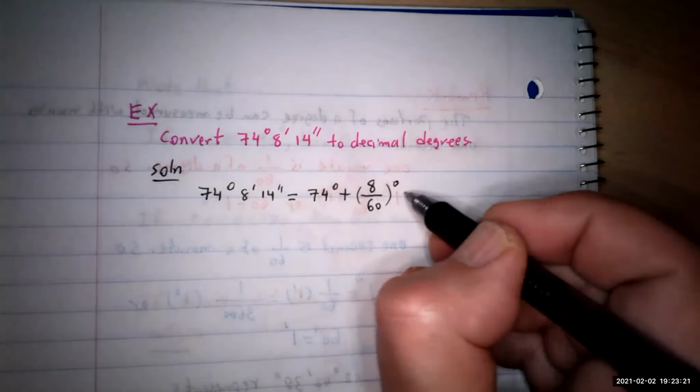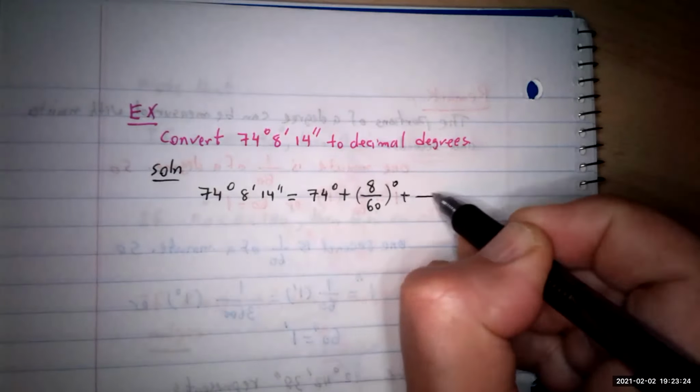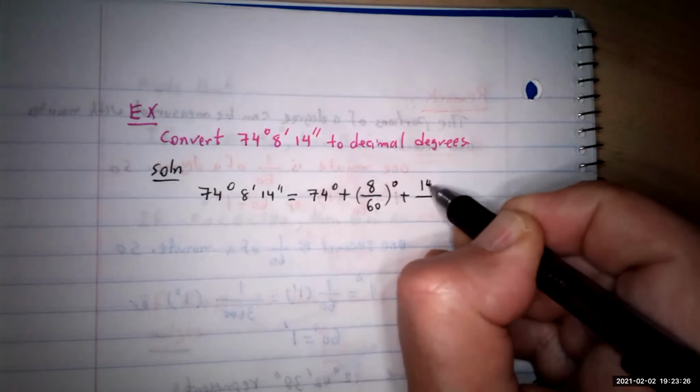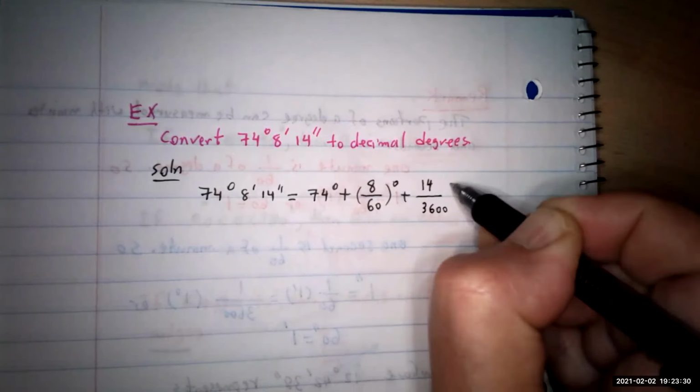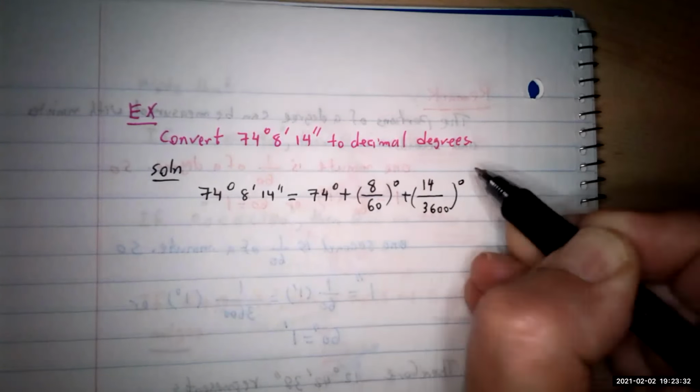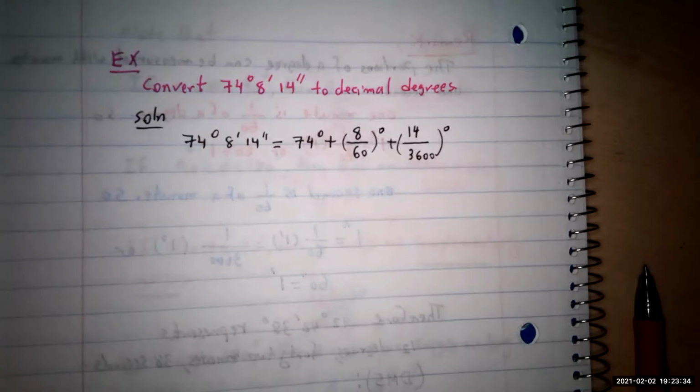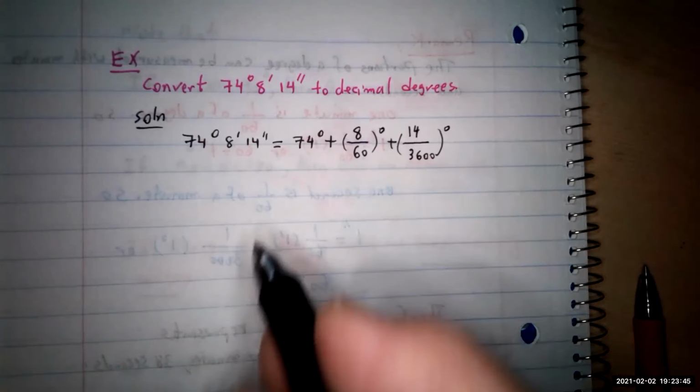Then you can do the other one too. To change seconds to degrees, or hours if you like, it's going to be divided by 3600, and then your measurement would be degrees. So the other way, when you want to make it a bigger number, you multiply. This one, you want to make a smaller number, so you have to divide. You have to use your calculator to get these.